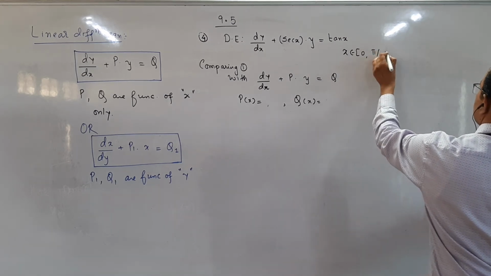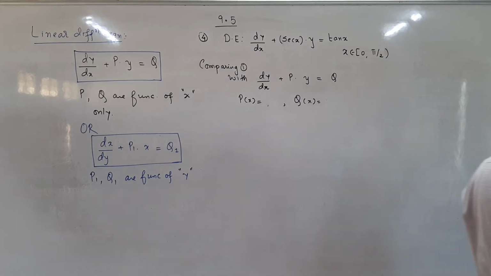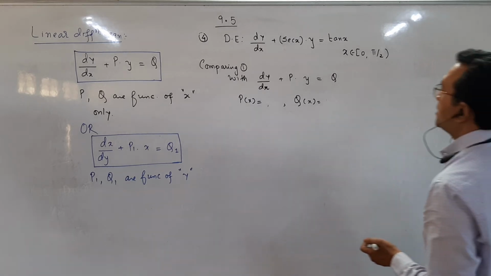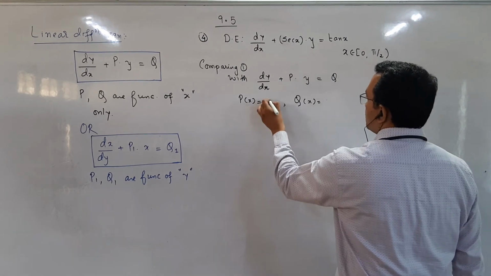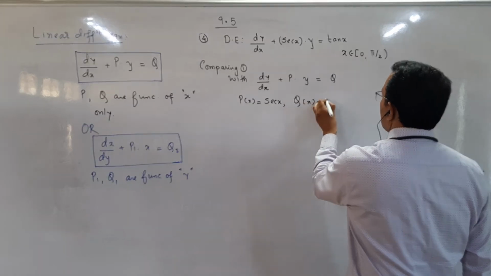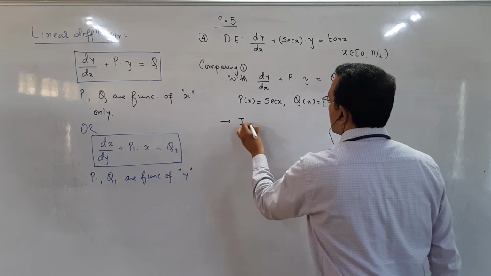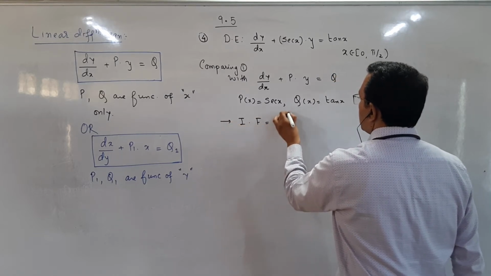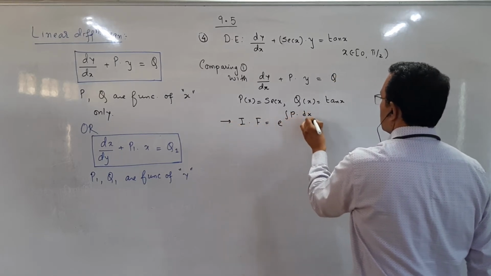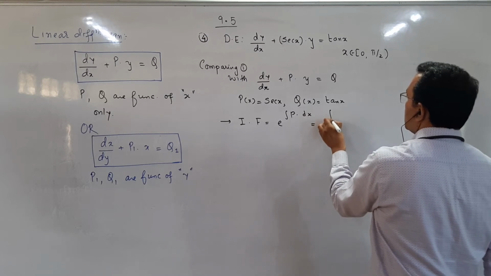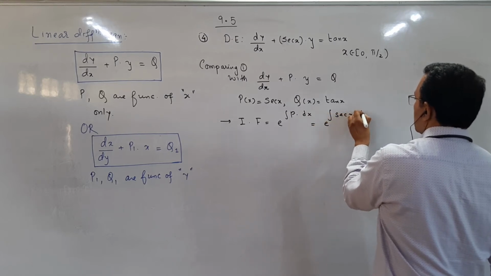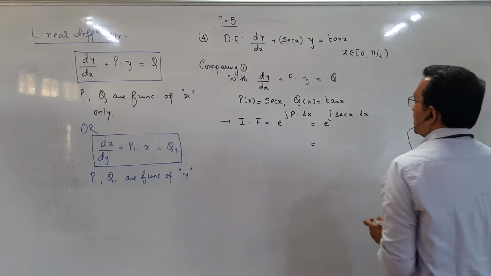Sorry, open interval, because tan of pi by 2 is not defined. Okay, fine. Now students, comparing with the standard form, p of x is equal to sec x, q of x is equal to tan x. So integrating factor will be e raised to integration p dx, e raised to integration sec x dx.